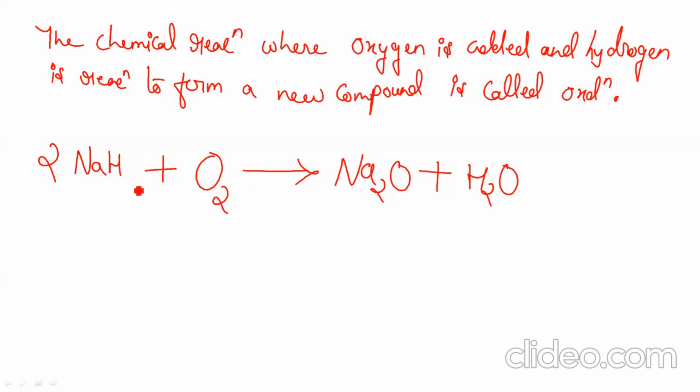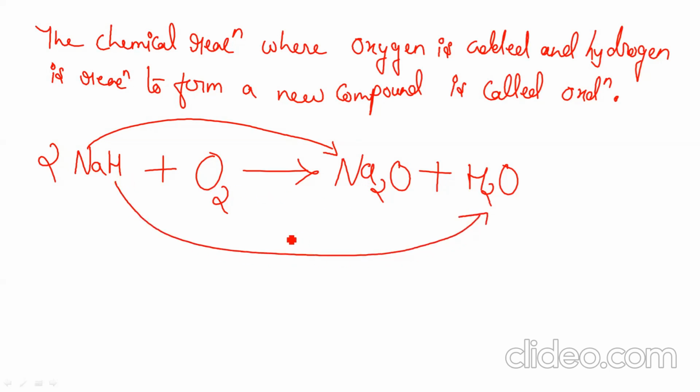So this type of reaction is also present here, where in NaH you will see that Na has reacted and oxygen has been added, but you can see that hydrogen has also been removed. So in both cases they represent the oxidation reaction. Otherwise, this hydrogen is reacted with oxygen only, so here also oxidation has taken place. So this type of reaction is also known as oxidation reaction.